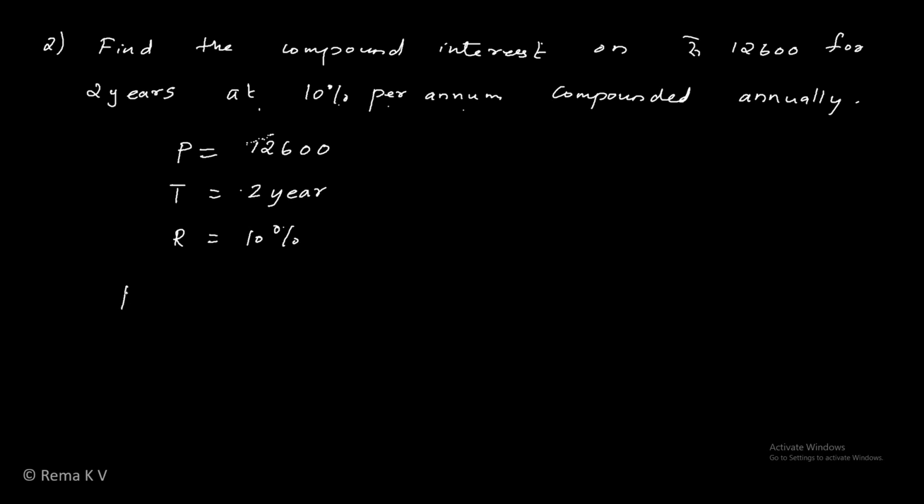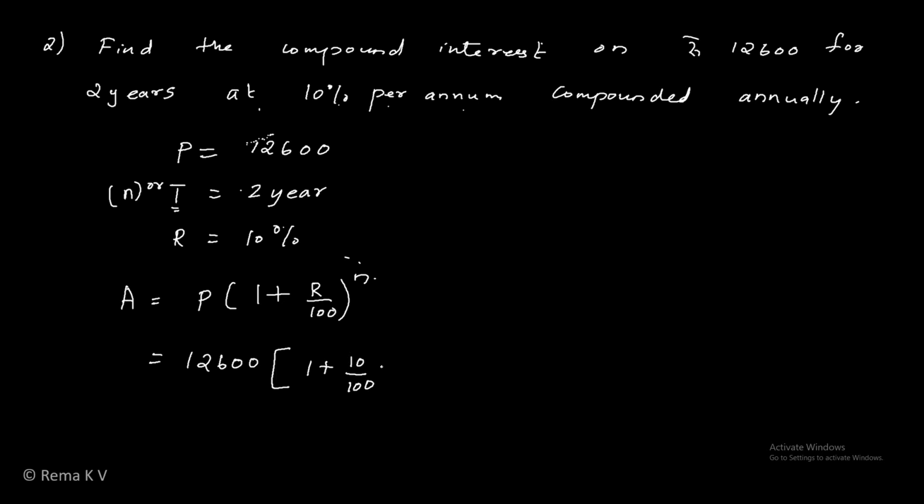Now let us write the formula. A is equal to P into 1 plus R by 100 the whole raised to N. This T is the same as N or T. Okay, this is equal to 12,600 into 1 plus 10 by 100 the whole raised to 2.